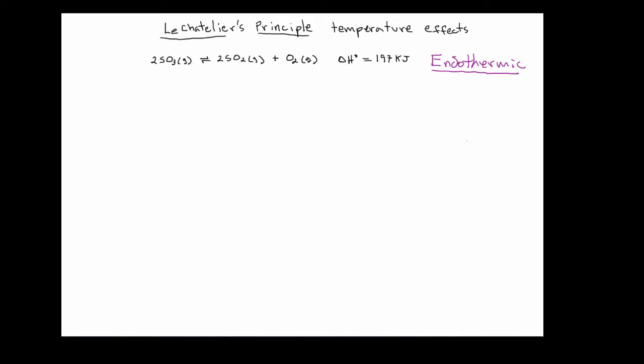So what that means is that when we decompose exactly 2 moles of SO3 to form 2 moles of SO2 and 1 mole of oxygen, then that transition requires exactly 197 kilojoules of energy to be infused into the reaction. So this reaction requires the input of energy, and that's what defines an endothermic reaction.